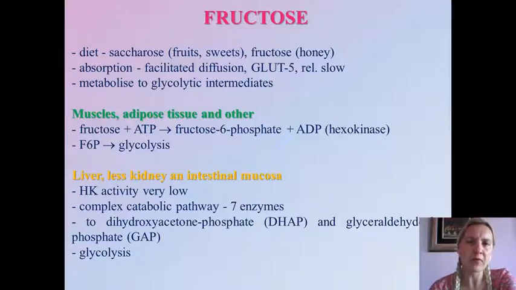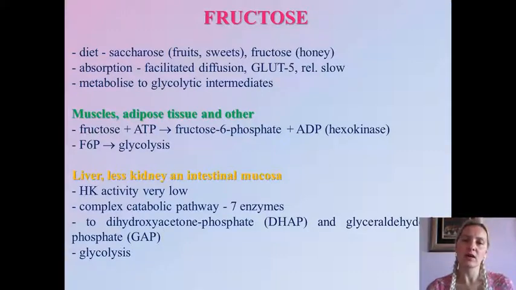Because if you remember, we stated that in the liver cells, instead of hexokinase, the major enzyme which phosphorylates glucose is glucokinase. Glucokinase is specific for glucose, and the name says it itself. And we mentioned that the activity of hexokinase in the liver is rather slow. So the catabolism of fructose and its introduction to the glycolytic pathway cannot be completed by this pathway.